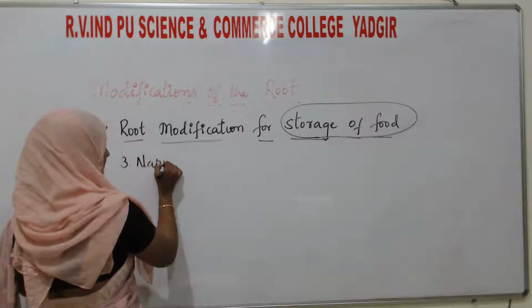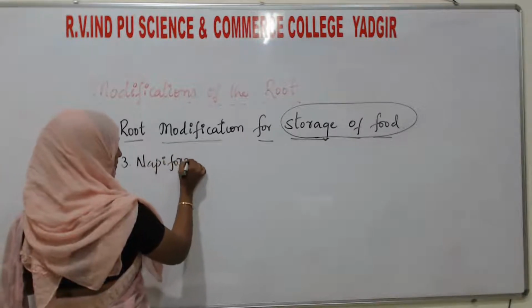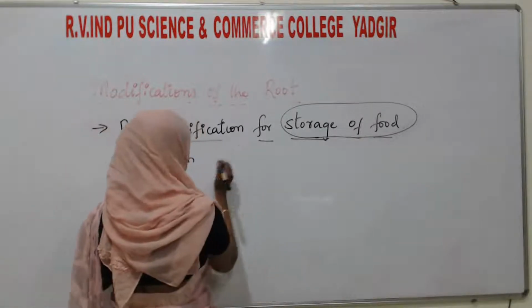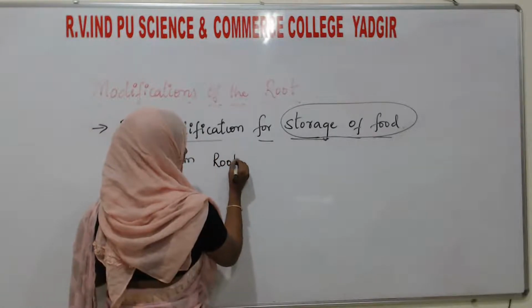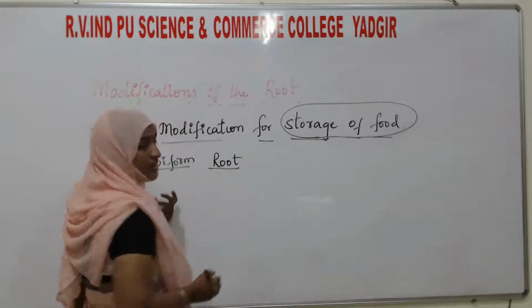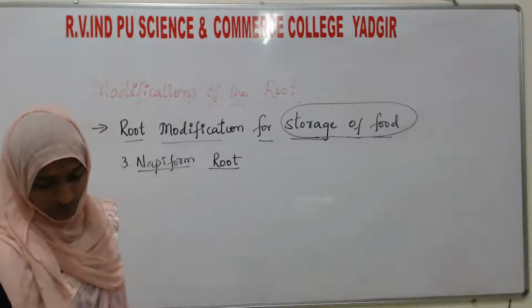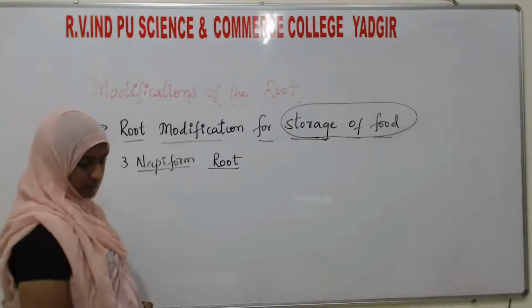The third one, napiform. In this third type, the napiform root, the root has a top-like appearance.